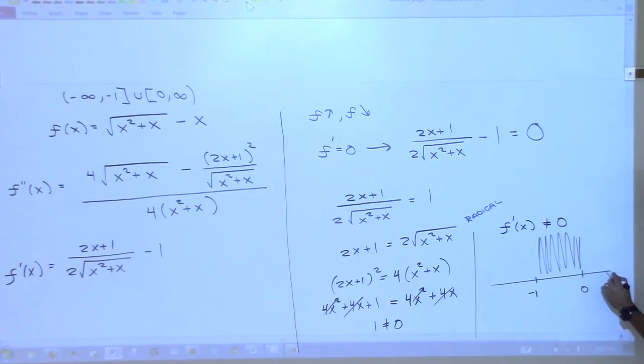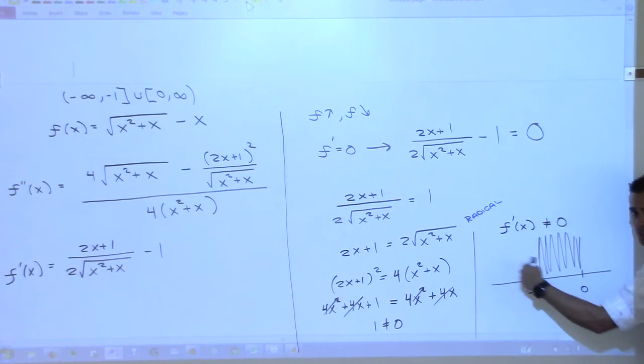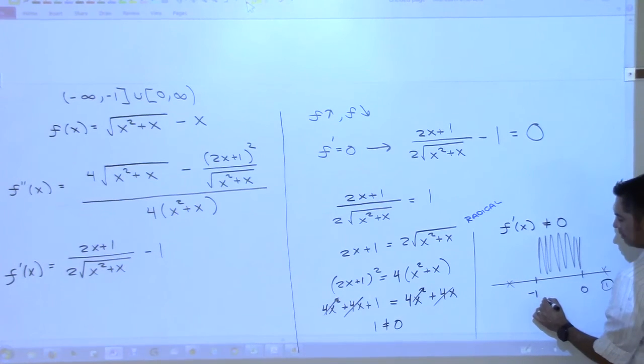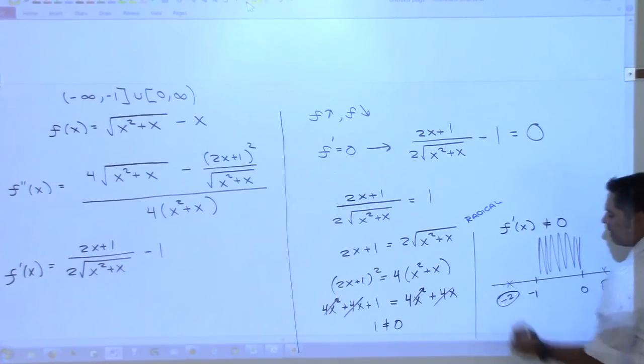I don't have any points to break this up to do test points. So I'm just going to pick a test point in each region and see what's happening to the derivative in each of these regions. Anything over here? 1. And anything over here? -2. And these get plugged into the derivative.